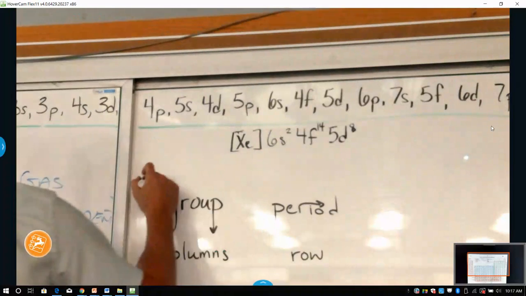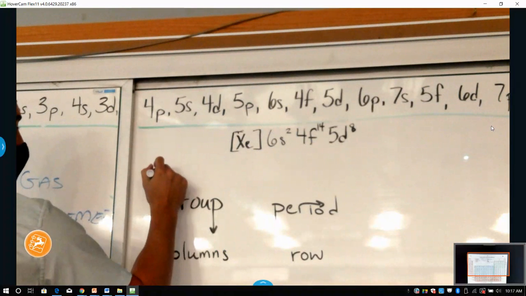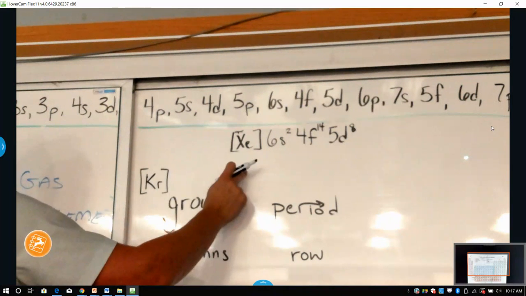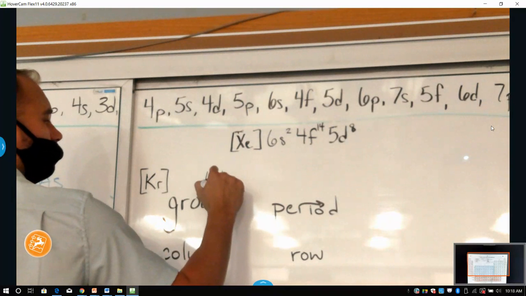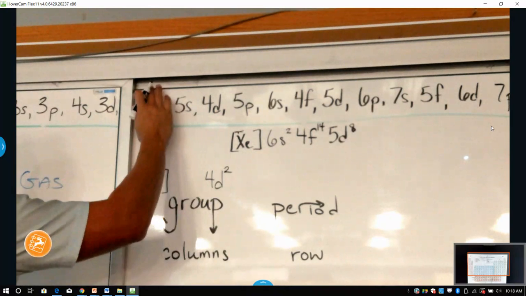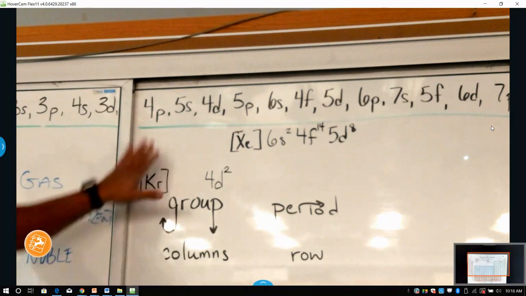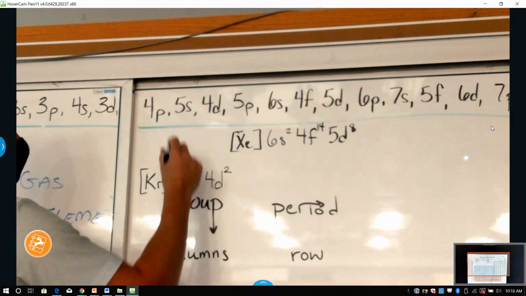The noble gas that came before it, krypton, takes care of everything up to 4p. We are finishing here at 4d2. So Kr takes care of everything through 4p itself. So the next thing that you need to have is your 5s.